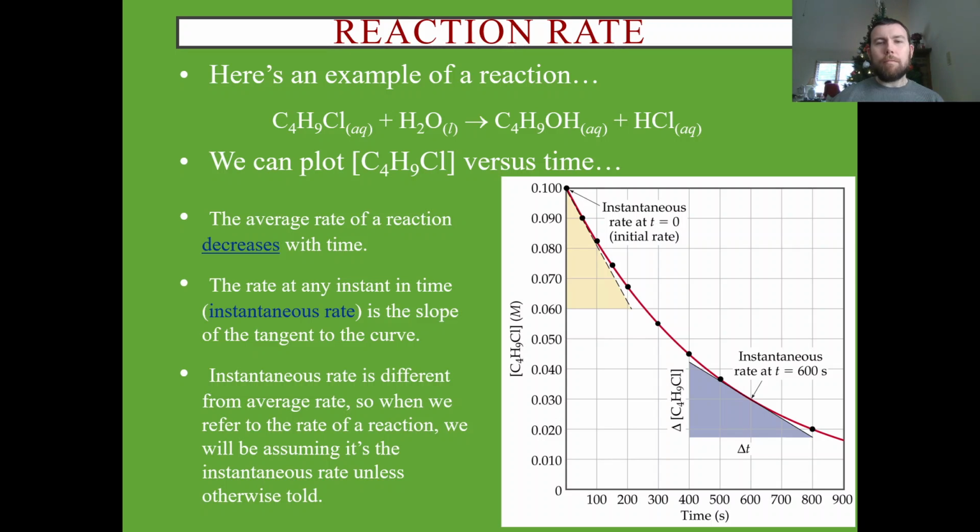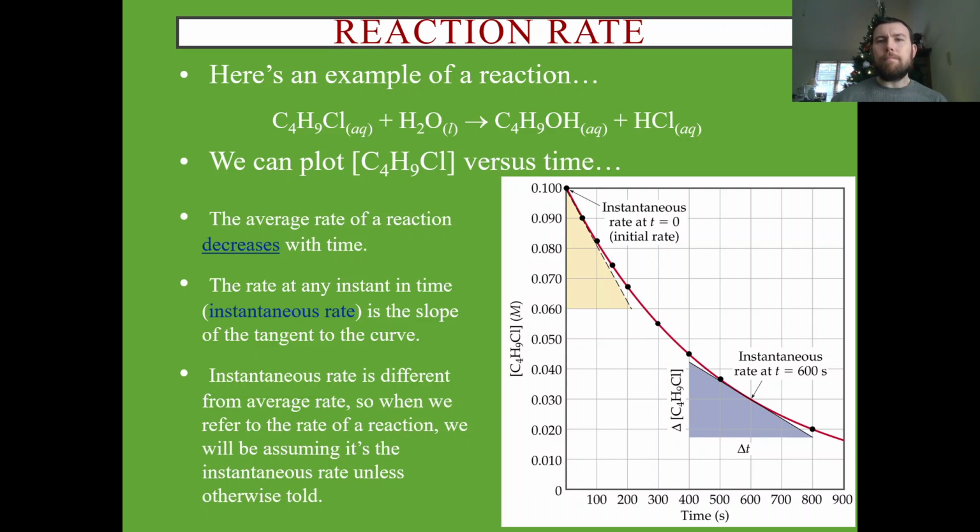Now, one last thing to mention, we should be able to recognize that the instantaneous rate is different from the average rate, okay? And so when we refer to the rate of a reaction, it's going to be our assumption that we're going to be dealing with the instantaneous rate unless we're told otherwise, right?